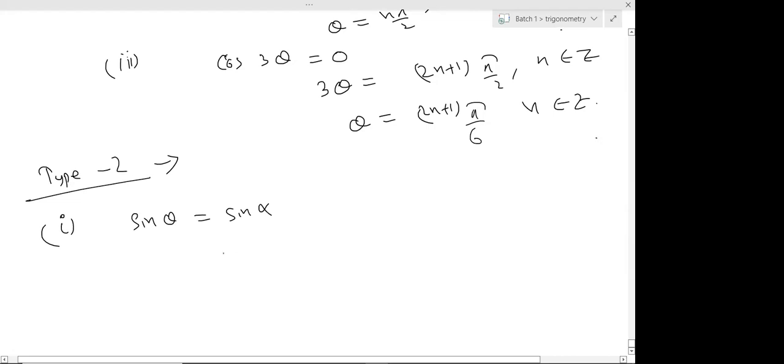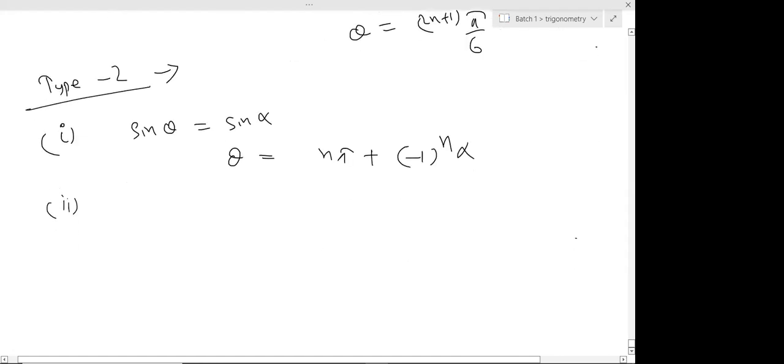So here we'll be writing theta is equal to n pi plus minus 1 raised to the power n alpha. And this is very important for you to remember, these few formulas. All right, this is the case. You have to write n pi plus minus 1 raised to the power n into alpha.